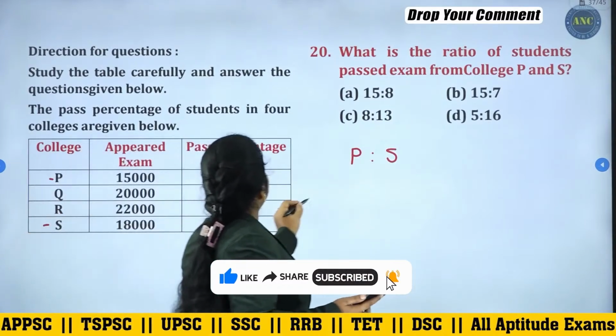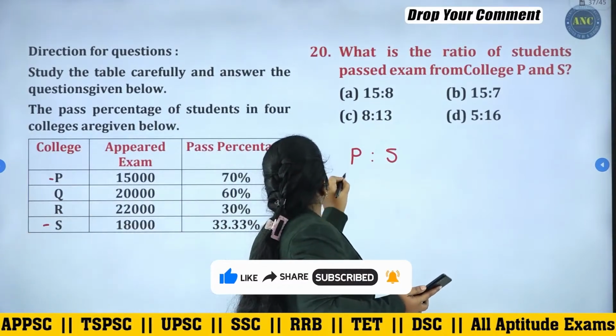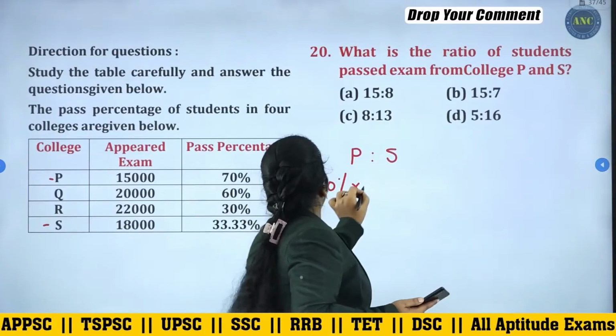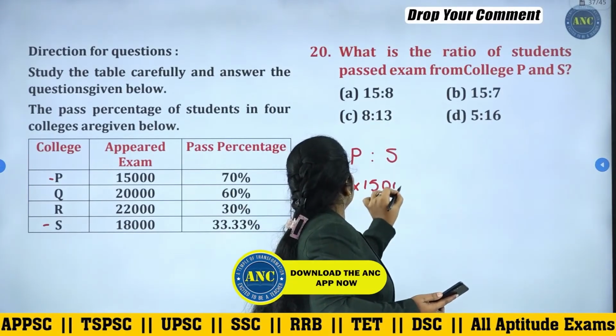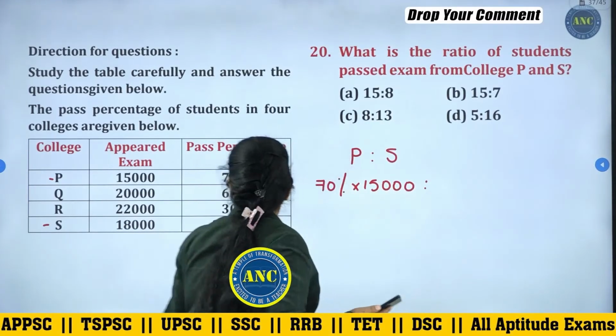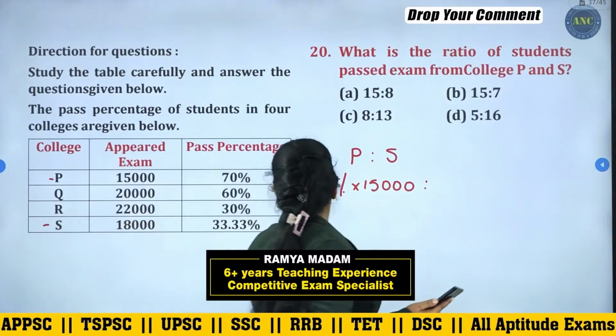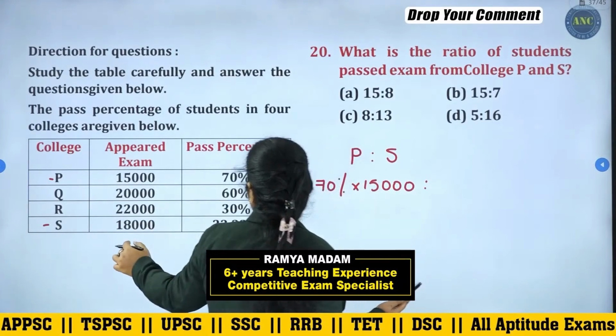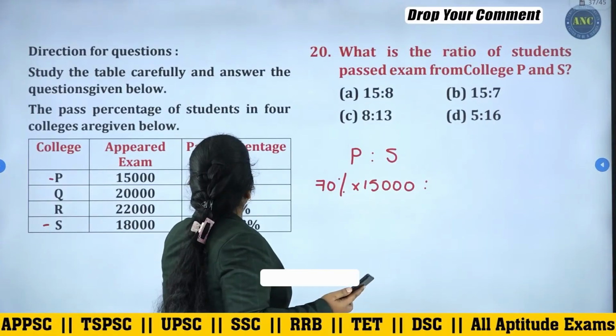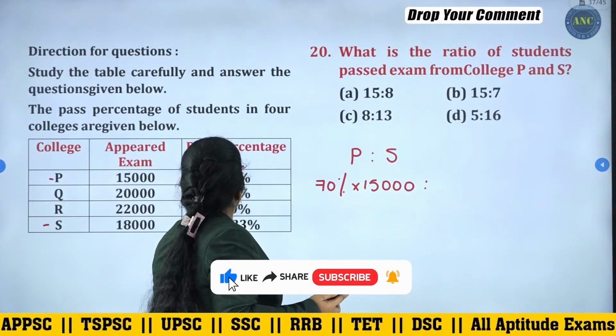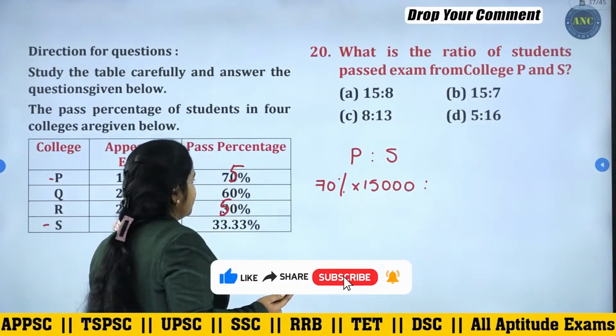So 70% of 15,000 is to... where is S? Sorry, it's 75%. Please change this. It's 75%, and this is 50%.